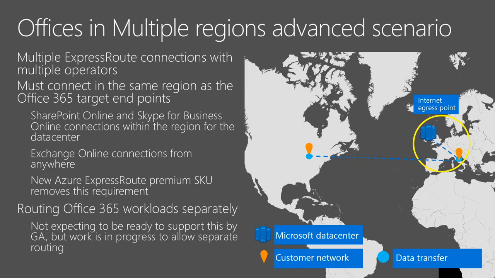You might think about doing that if you are unconcerned about any delays in mail propagation, and so you just run that over the internet, but you want to have some predictable performance that you're paying extra for your Skype for Business traffic to keep those phone calls and screen sharing connections going. So we're working on that, but not sure that we'll be able to support that out of Office 365 for our GA date.